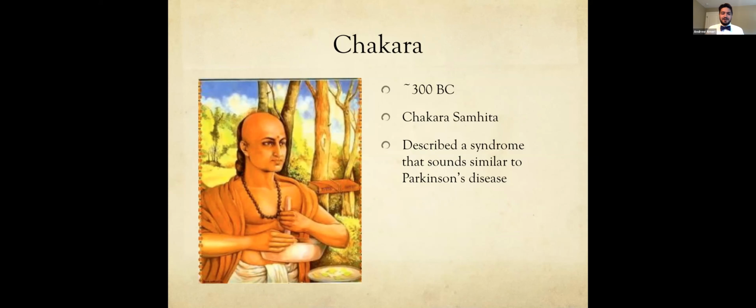This syndrome sounds an awful lot like our present-day Parkinson's disease, and incredibly, he not only identified motor symptoms, but non-motor symptoms, which were missed originally by Dr. James Parkinson himself. And important to keep in mind, he is ahead of him by a little bit over 2,000 years.